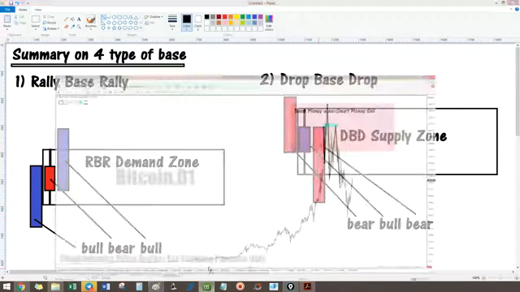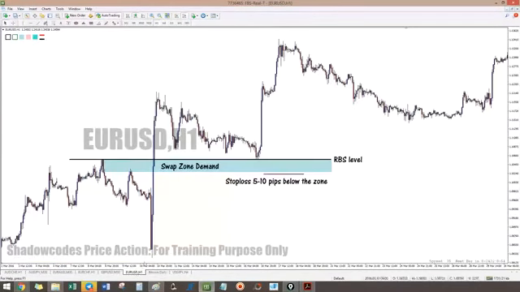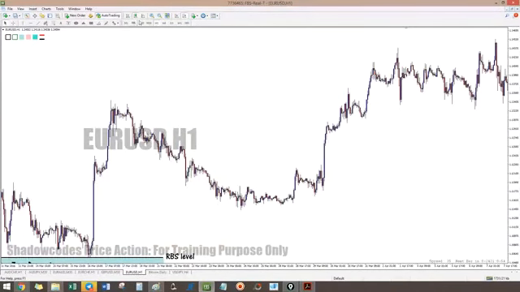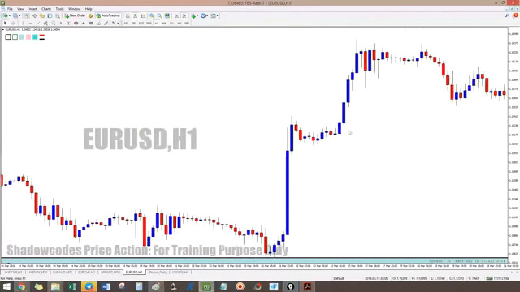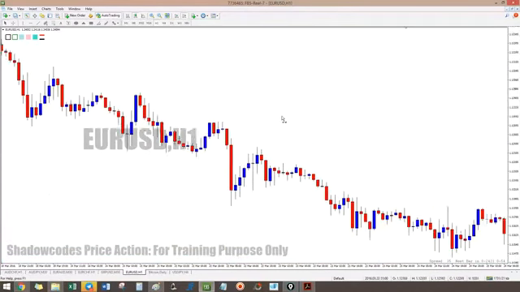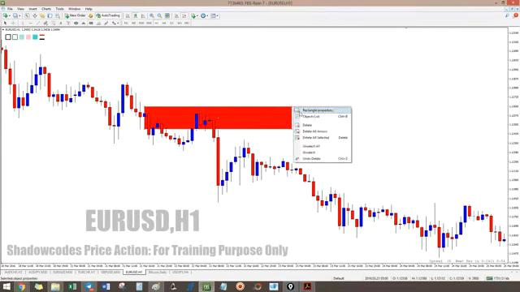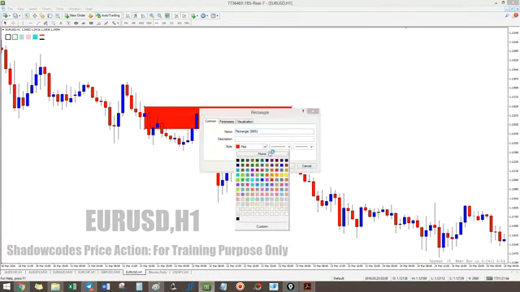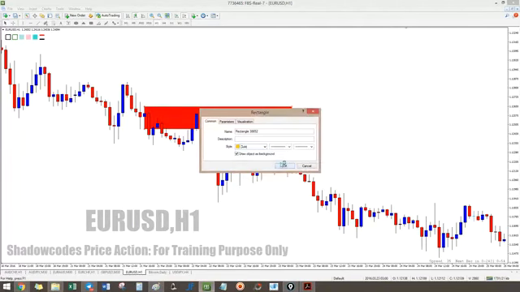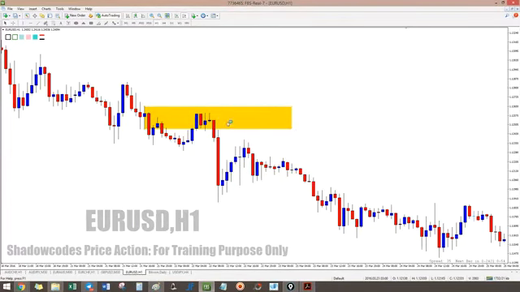Okay, let's find it in the chart. Euro USD. Okay, let's find it. Okay, do you see here? It's a bear, bull, bear. Okay, so you can take this as a drop base drop.